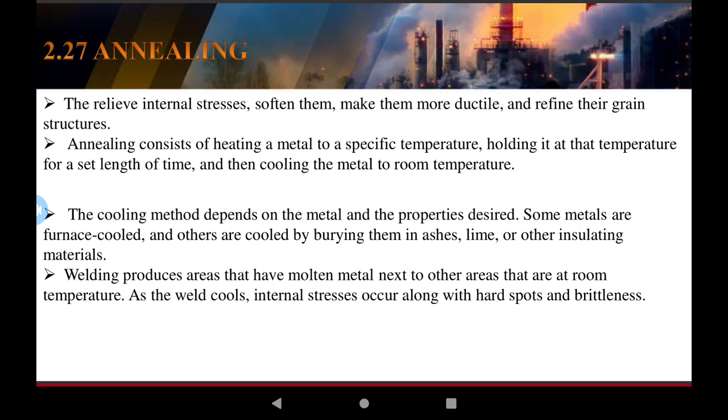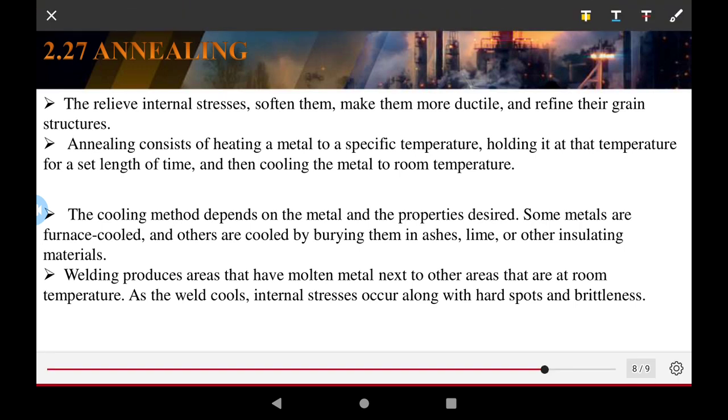Annealing process of heat treatment. Annealing is used to relieve internal stress, soften the metal and make it more ductile, and refine the grain structure.